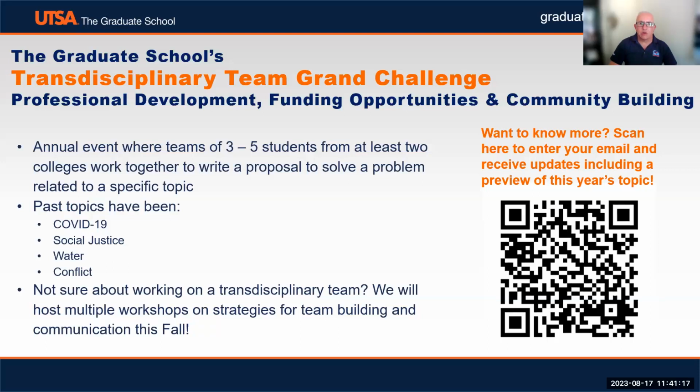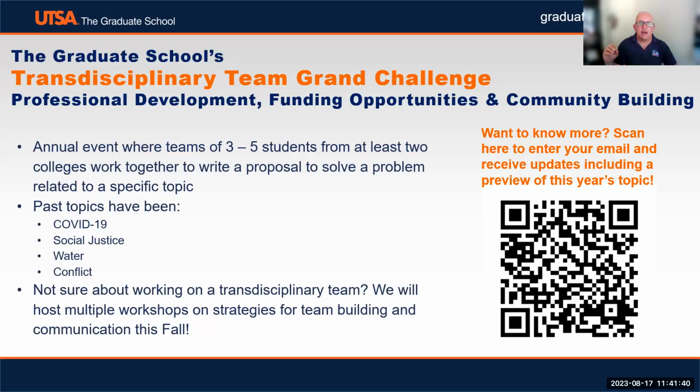So it is an annual event where teams of 3 to 5 students from at least 2 colleges work together to write a proposal to solve a problem. So you do have to reach out outside. So College of Sciences, maybe you're going to do something with the College for Health, Community, and Policy. That's an example. And you're looking at, again, 3 to 5 students from at least 2 colleges.